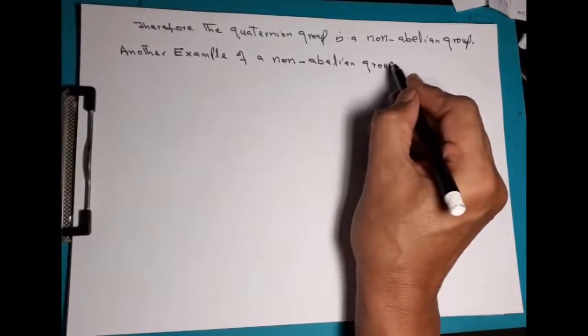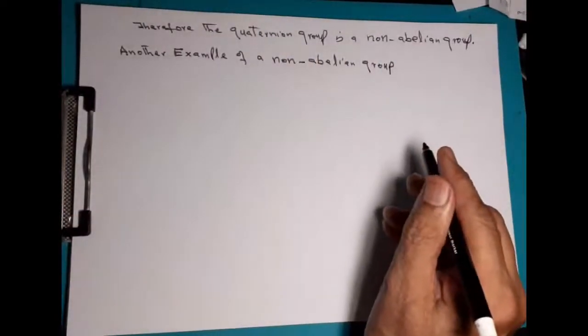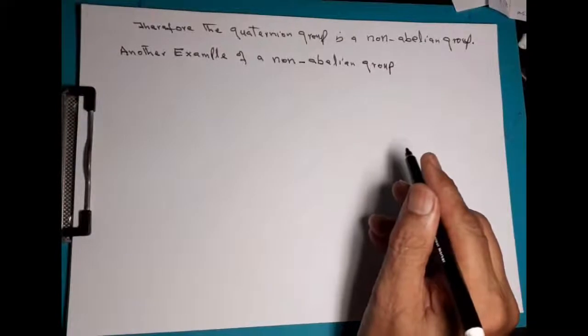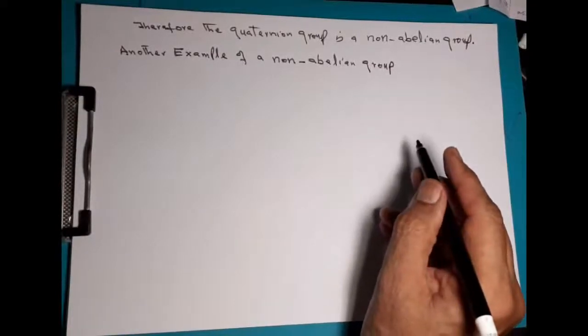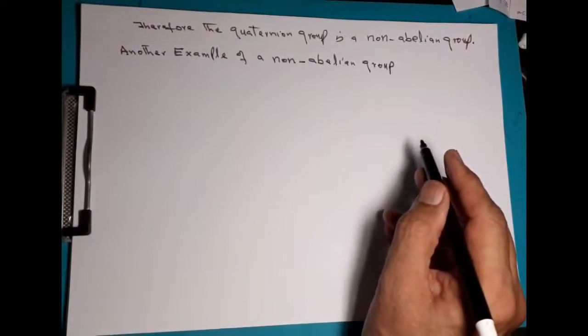So, for example, we take the set of real numbers and we take all the bijections from the set of real numbers onto itself.